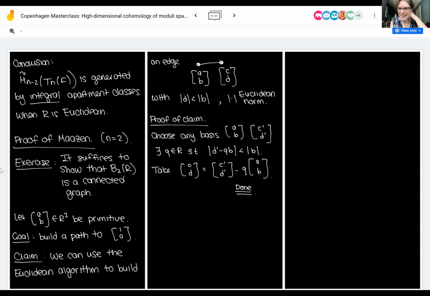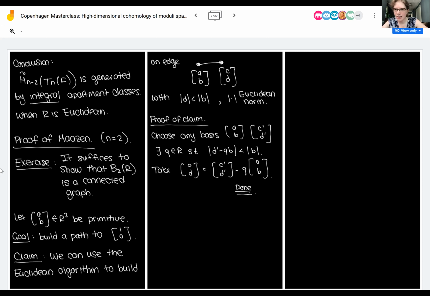In the case of local fields, your ring of integers is always a DVR, which is a Euclidean domain. So I was wondering whether this vanishing also holds for that as well. Can you hear me? I don't think she can. Okay, the question was if you have a local ring, then the ring of integers is always a DVR and automatically a Euclidean domain, and whether the results hold in that situation as well.